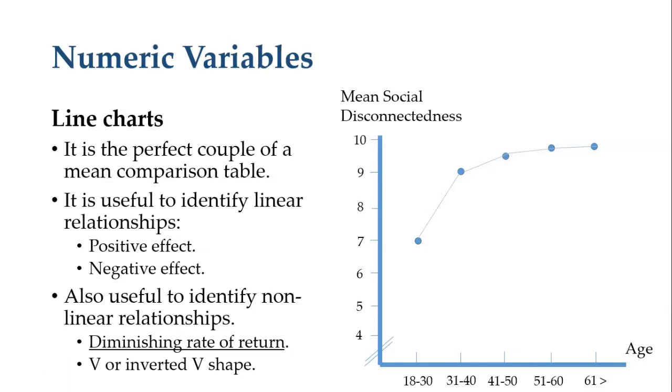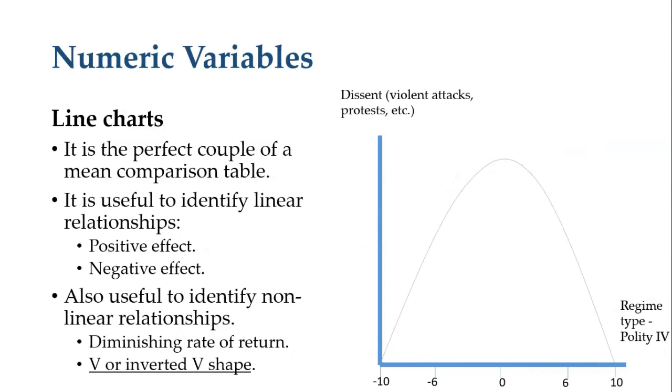There are other types of relationships called the U or inverted U shape kind of relationships. And these kinds of relationships have an interesting history in political science. There is this area of research called the dissent-repression nexus in comparative politics and IR.